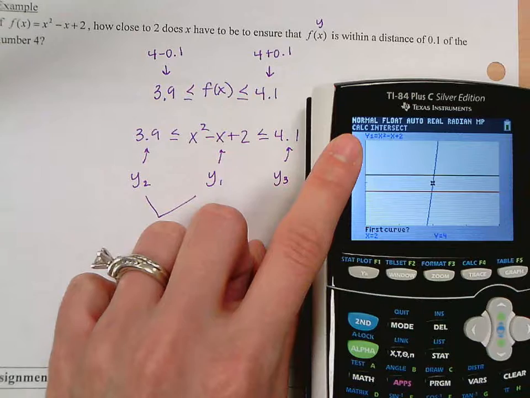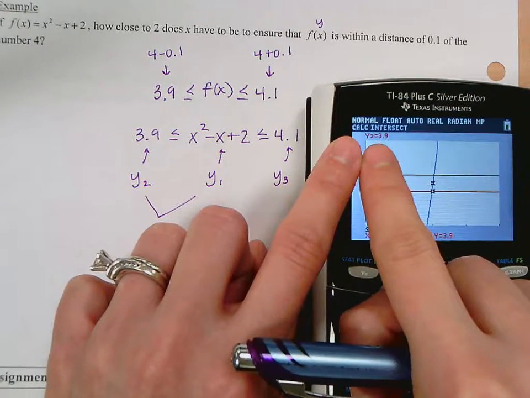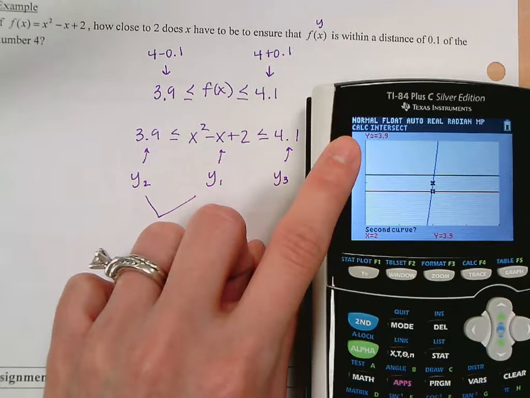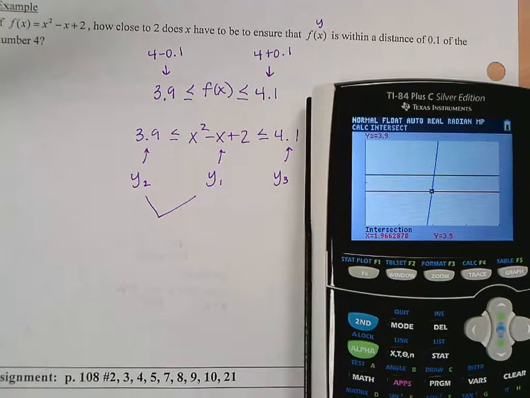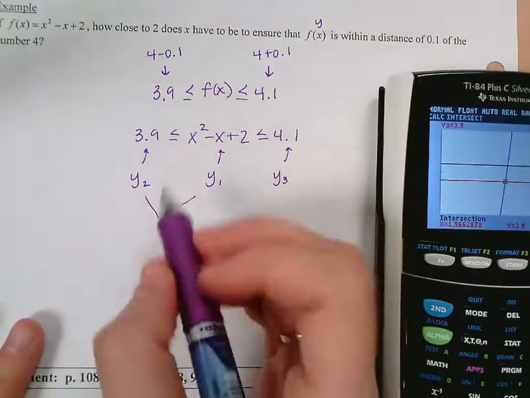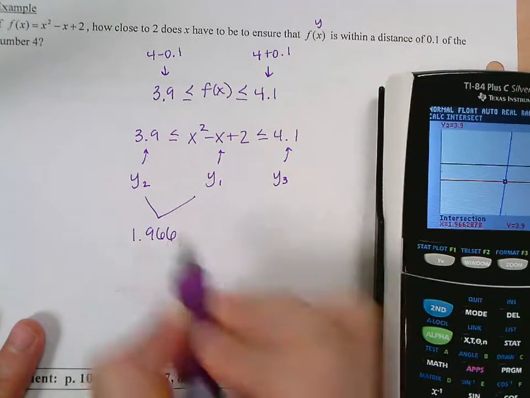I could just hit enter, and make sure your second curve says y2, which it does. Hit enter there. I don't need to put a guess in. Just hit enter. It'll tell me that the intersection happens at about 1.966 if I round to 3 decimal places. So I'm going to record that x value, 1.966.